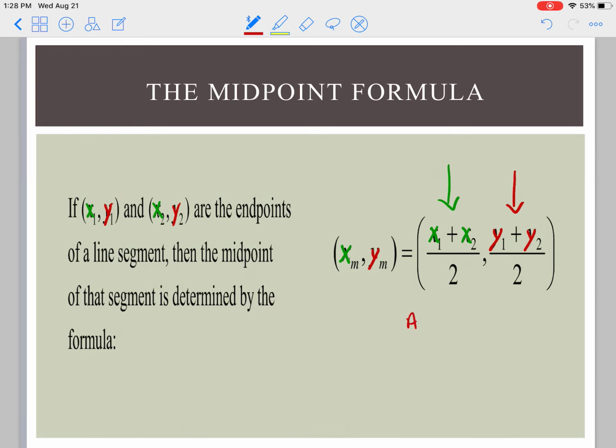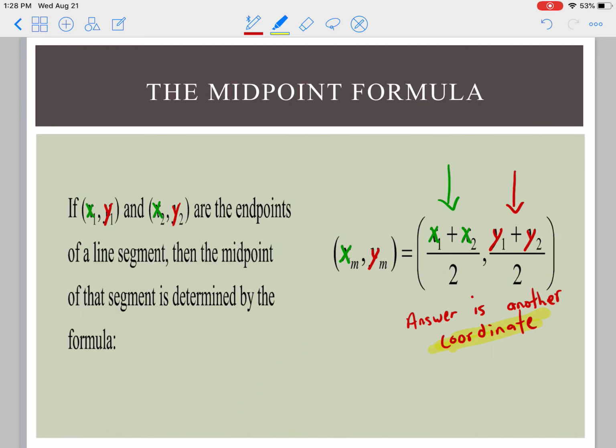So that your answer is another coordinate. Unlike the distance formula, where you get a distance of 5, the midpoint formula does not give you a distance. It gives you a coordinate, and this is a coordinate that you can plot on a coordinate plane.